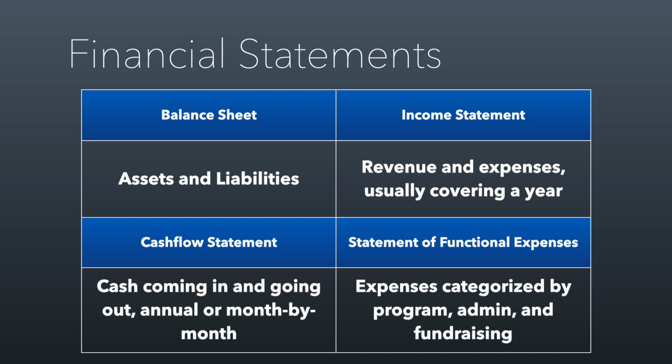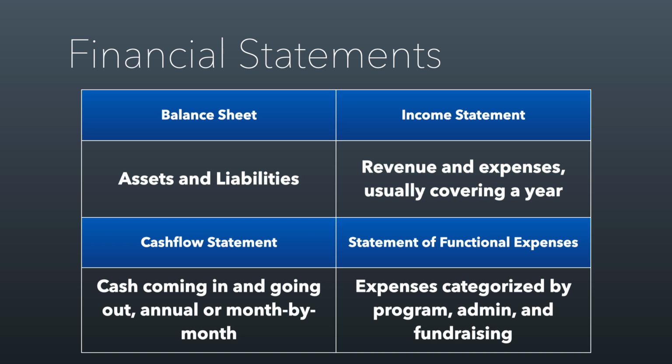Now, unless you have an exact amount of debt that's equal to everything that you own, then that's not going to be in balance. And we're going to show you in class how you get a balance with a balance sheet by having assets on one side, and on the other side you have liabilities plus, for nonprofits, what's called net assets. And we'll show you how that works on a balance sheet.